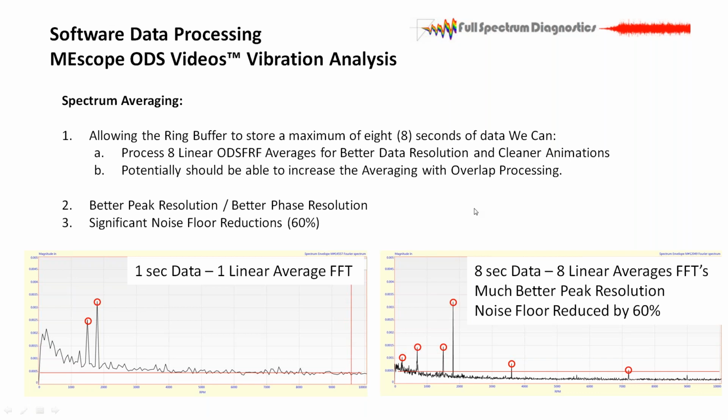We can also do what's called overlap processing. So the process right now is set up for 8 linear averages because I have 8 seconds of data in the buffer. I can also do overlap processing where I take the first 1 second of data and do an FFT, and then for each successive one, I'll take 10% of that window, or 1/10 of a second of new data, and process it with the 90% of the old data.